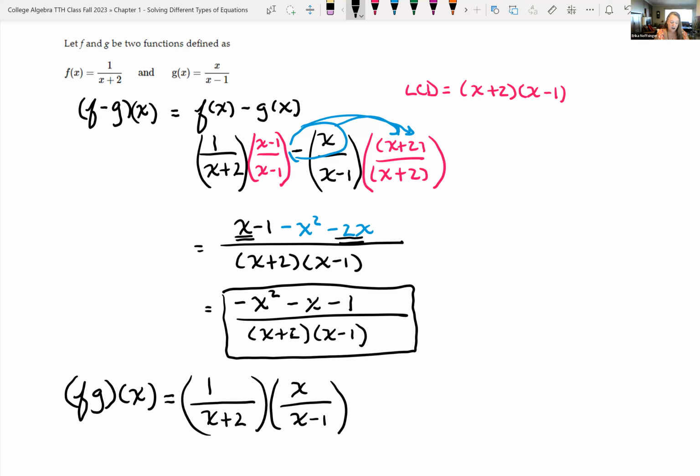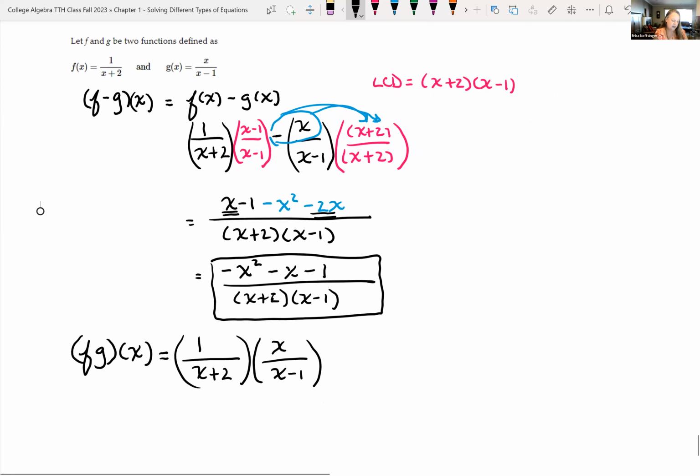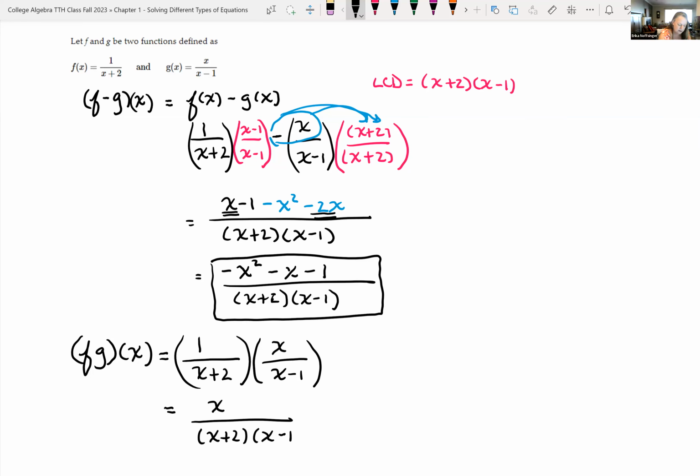We do not need a common denominator when we're multiplying fractions. All we're doing is multiplying across in our numerator and multiplying across in our denominator. And so we get 1 times x, which is x, all over x plus 2, that quantity times the quantity x minus 1. And we're done.